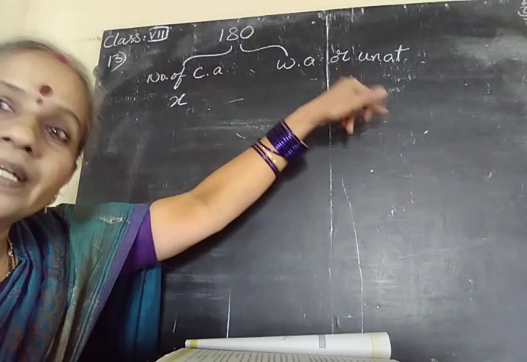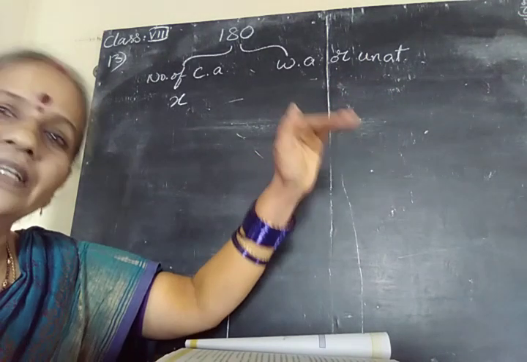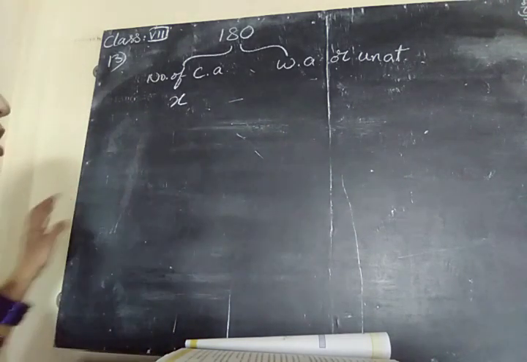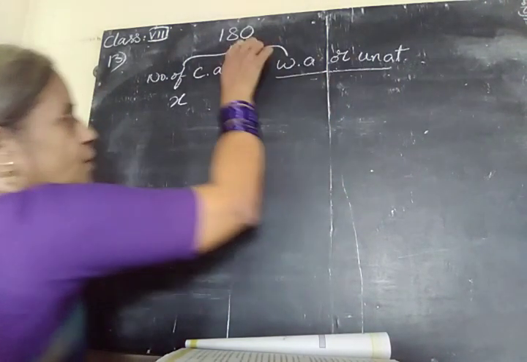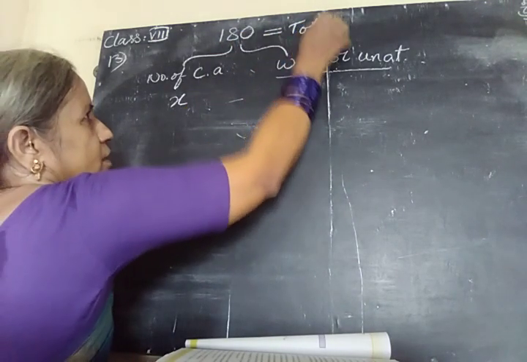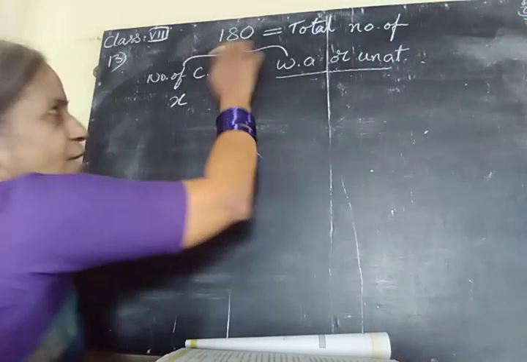Like that, unattempted also. We are leaving some questions, so for those left questions also, they are deducting 1 mark. So the remaining all total 180. Total number of questions 180.